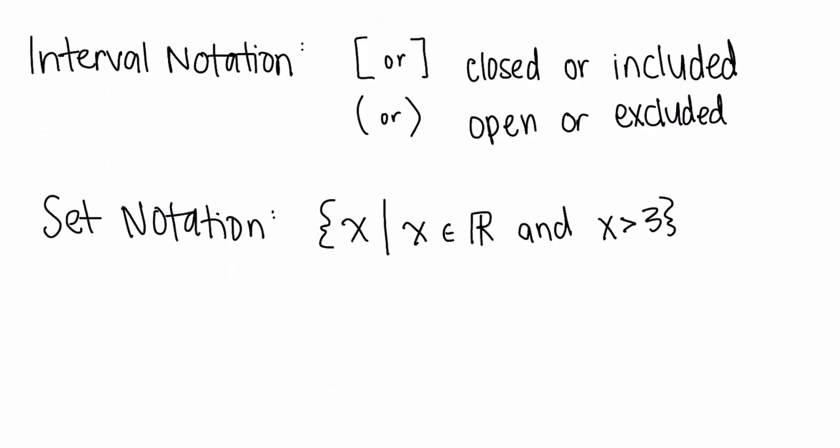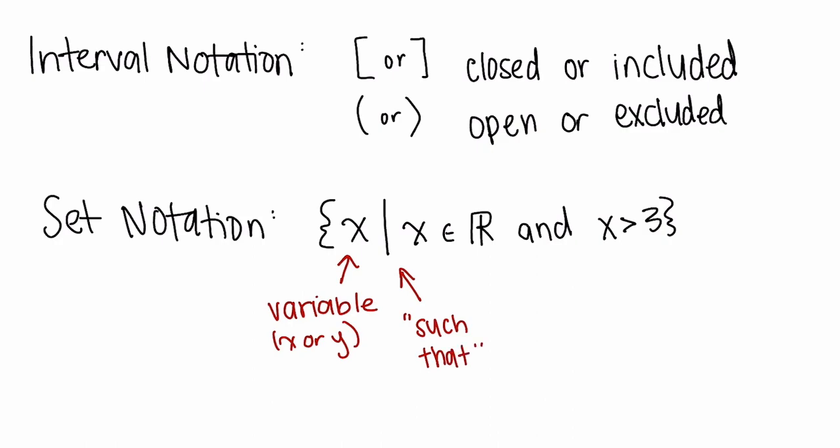The way that we read it out loud is we list out our variable, whether it's an X or a Y. So we're saying, what variable are we dealing with? This vertical line means such that. So we're saying all X values such that.